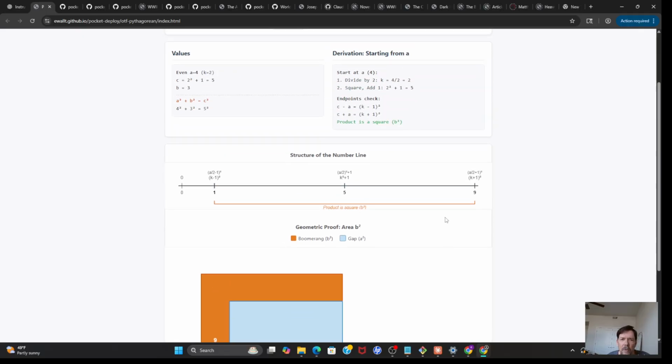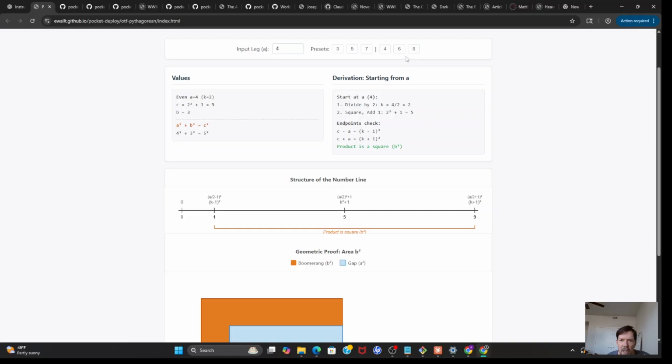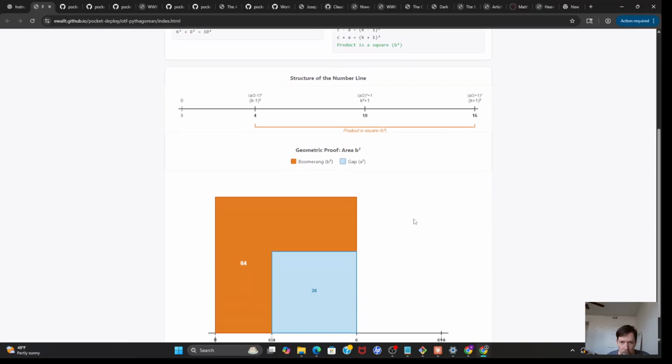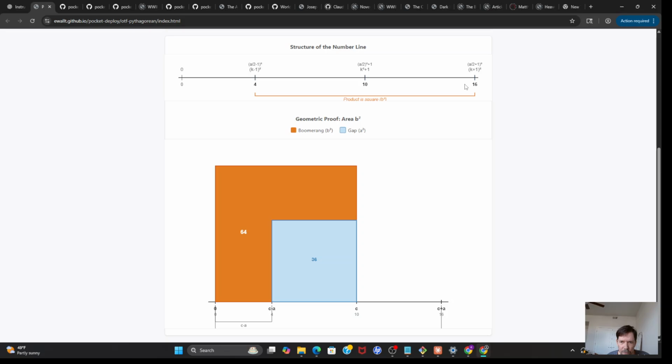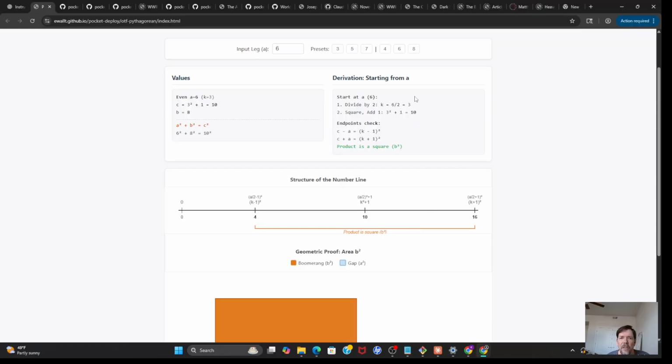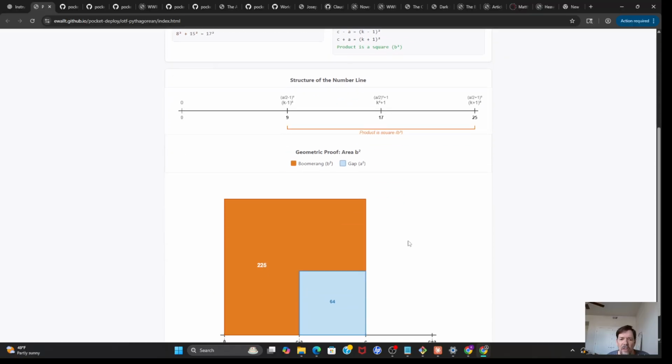So anytime you choose an even number, you'll get 2 squares for the endpoints. And you can do this A squared plus B squared equals C squared representation. So that's what this is showing here.